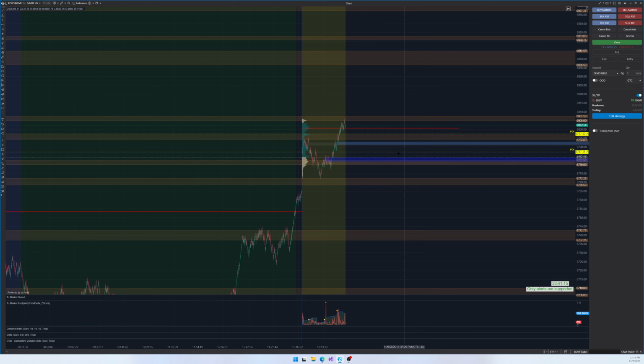Like here, currently we have it set up to the delta per candle. Here there's been lots of delta in that candle, and then the market moved up.